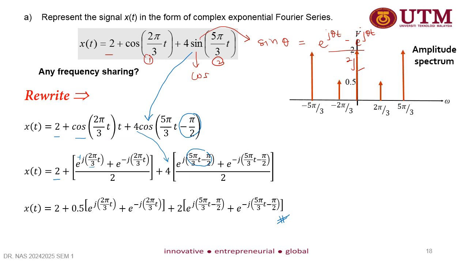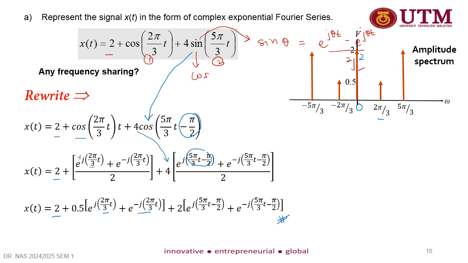Okay, let's start with the first spectrum, the amplitude spectrum. So you have 0 here, and the magnitude is 2. And then you have the first frequency 2 pi over 3, and you have negative 2 pi over 3.